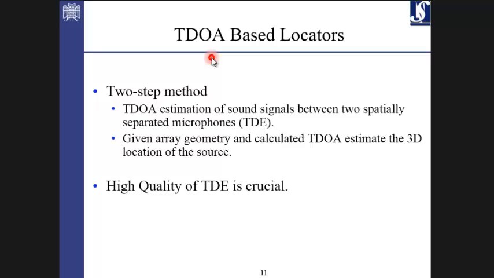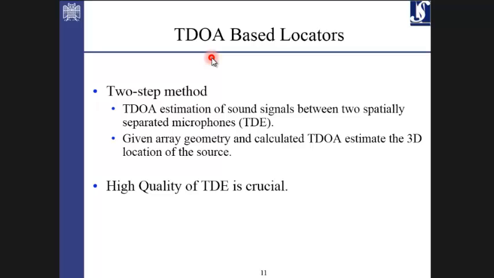So TDOA-based locators normally have two steps. In the first step, we have the geometry of the array. What they try to do is estimate the TDOA of sound between two spatially separated microphones, and then based on the geometry of the array, we try to map it to the 3D location of the source, which might be possible.